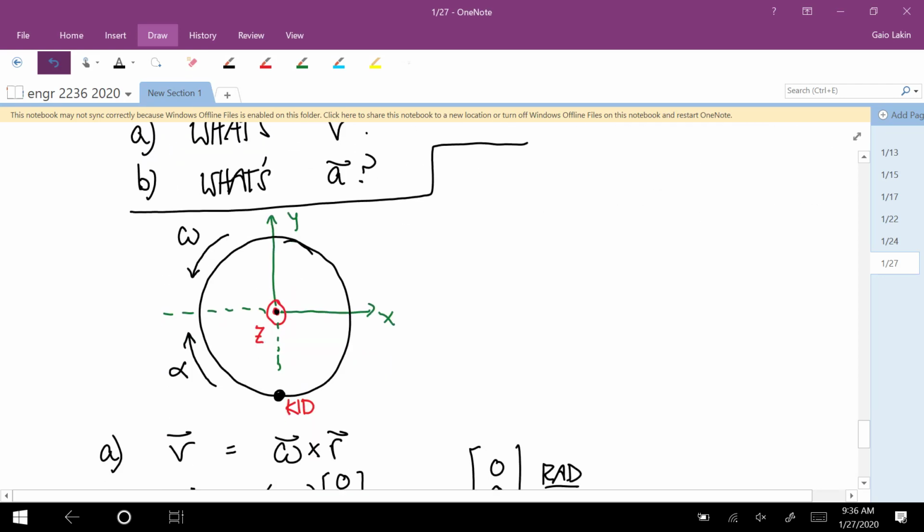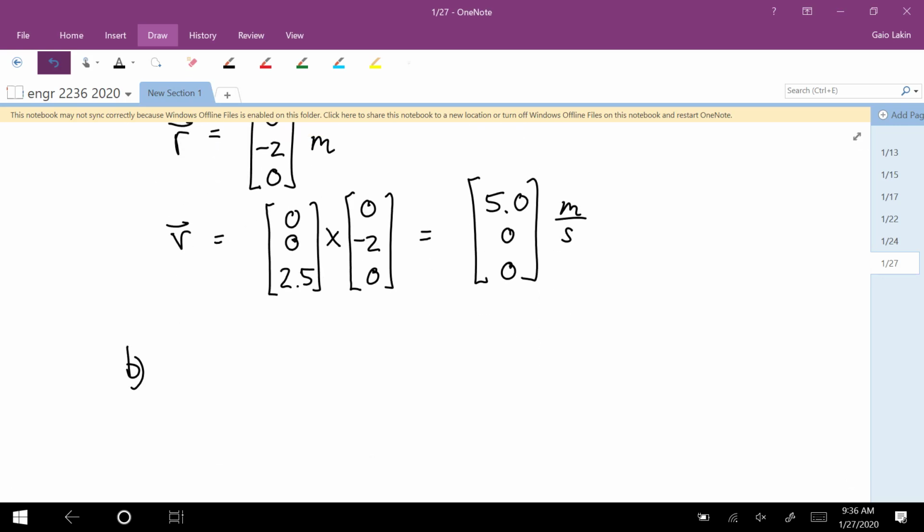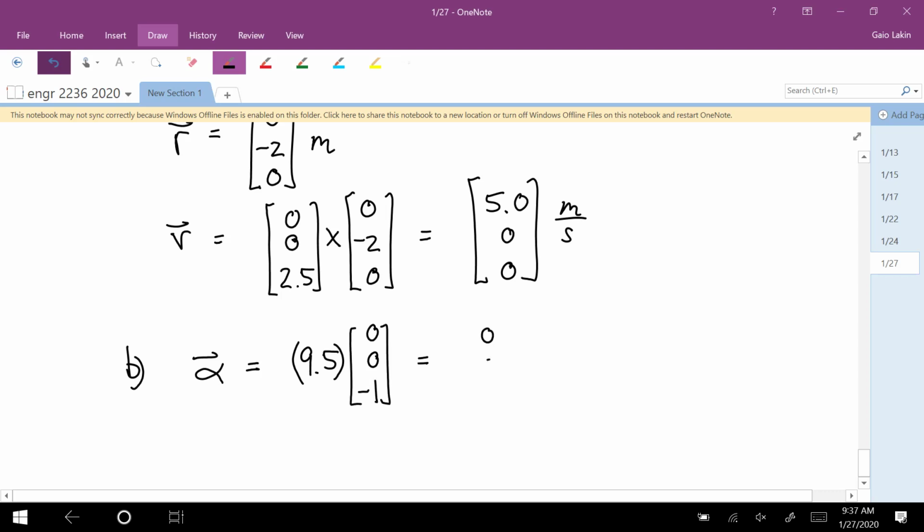We already figured out that since it's slowing down, the angular acceleration is this way. So use the right-hand rule, okay? And that means it's going into the page, so negative. You can think of the angular acceleration vector as 9.5 times 0, 0, negative 1. And so you get 0, 0, negative 9.5, and this is radians per second squared.